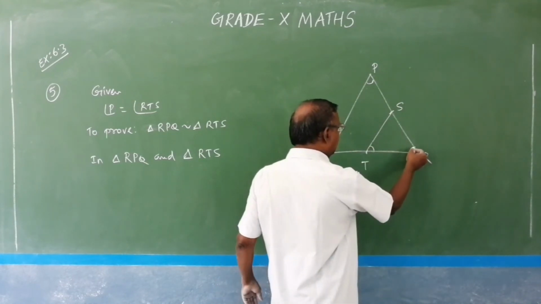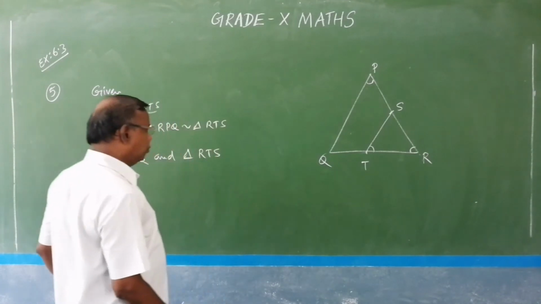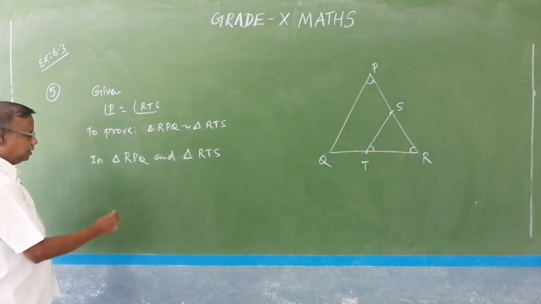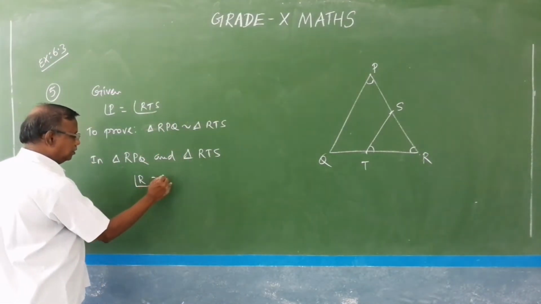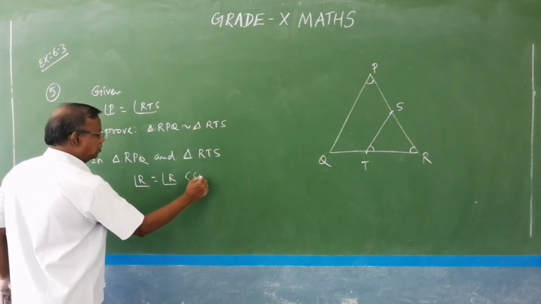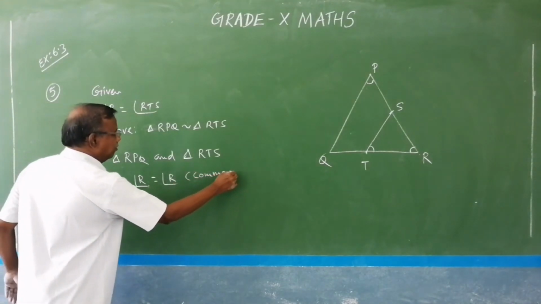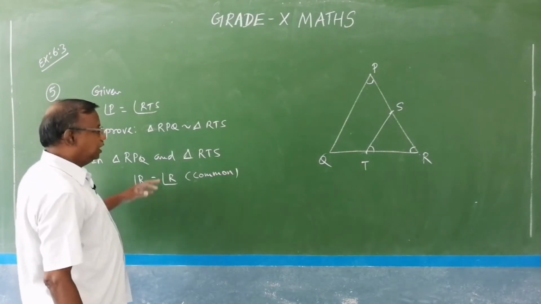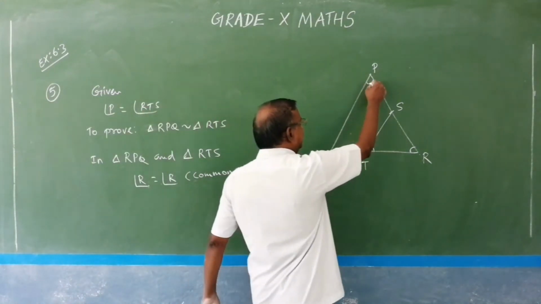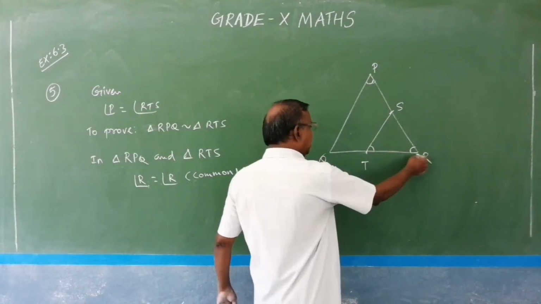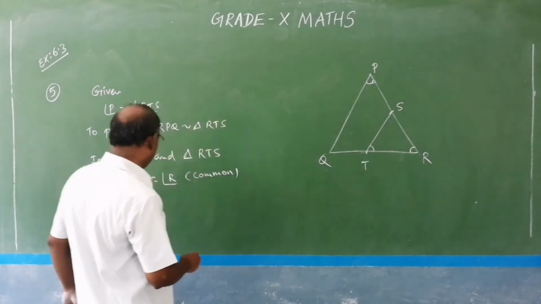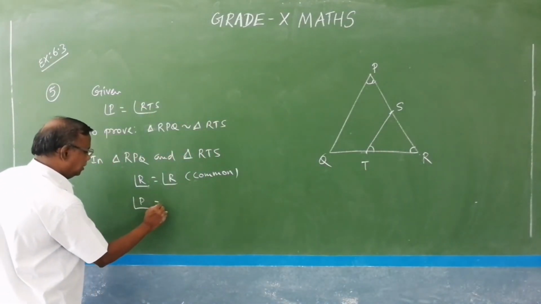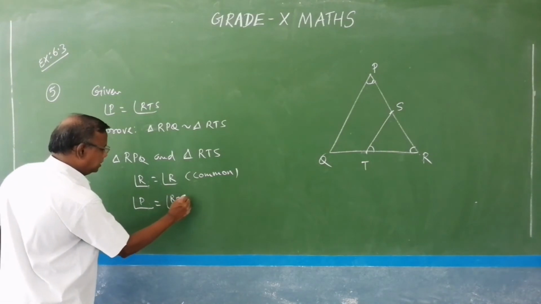In these two triangles, angle R equal to angle R, common. In both triangles R is common. And given that angle P in the bigger triangle is equal to angle RTS in the smaller triangle. So angle P equal to angle RTS.